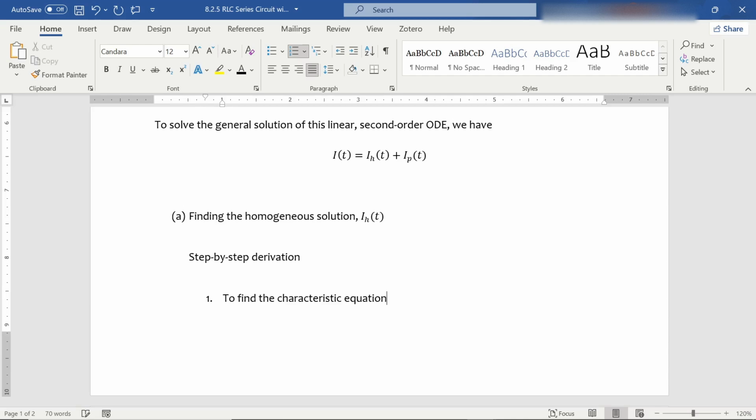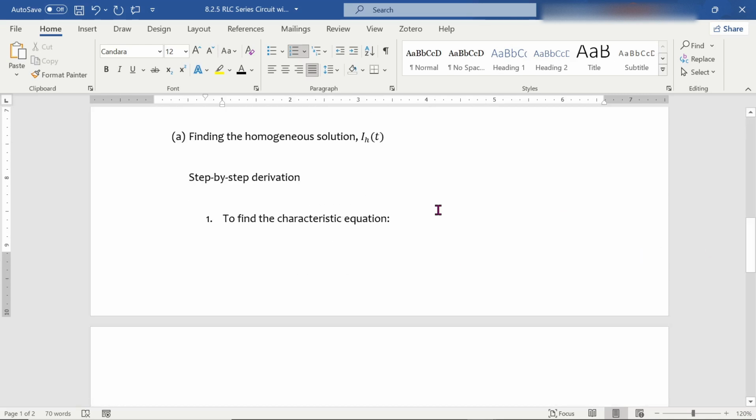And if you recall, in finding the homogeneous solution of a second order ordinary differential equation, there are many techniques that we can use. One is by substitution of an exponential ansatz, and the second is through the Frobenius method, among others. So it's actually up to you which is more comfortable to use.